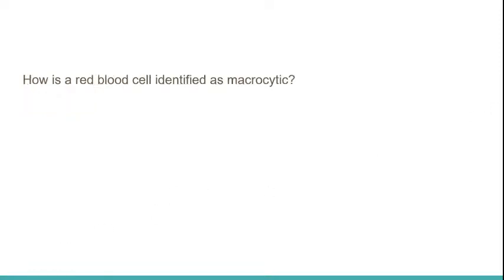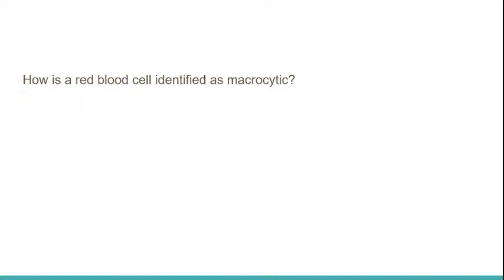All right, so for macrocytosis, we are going to look at the MCV. MCV greater than 100. Microcytosis, MCV less than 80. Okay? Femtoliters, of course. All right. Now we're going to move on to the next slide.